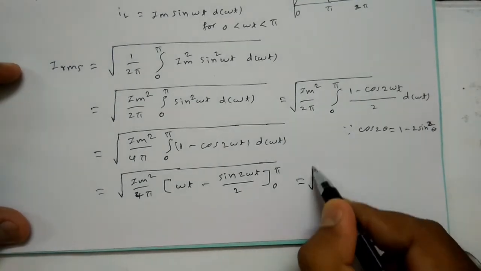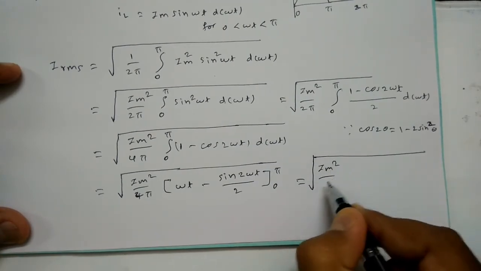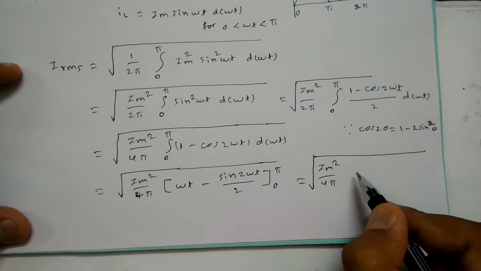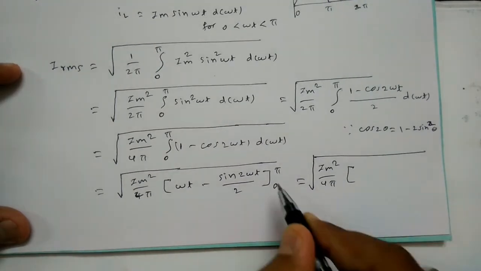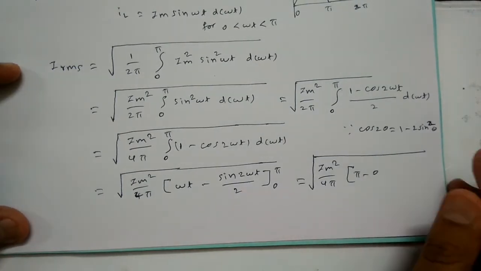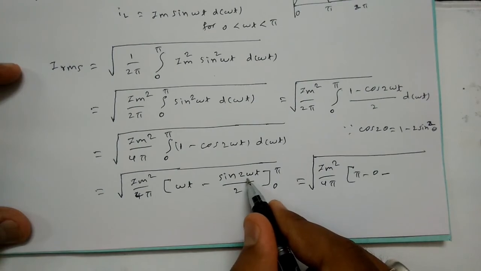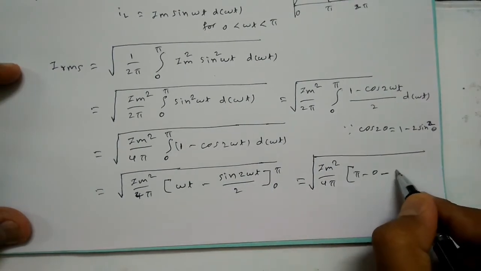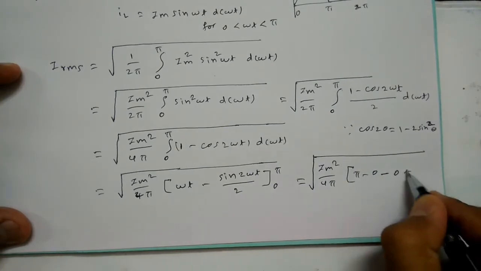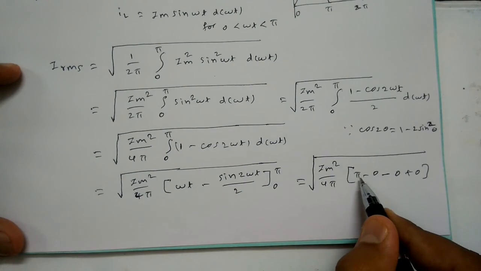So now again, under root Im square by 4 pi, this as it is, and now inside the bracket we have to put the limits: pi minus 0, minus, then sine of 2 pi will be 0, and sine of 0 will again be 0, so it is 0, no problem. So in bracket now we are remaining only pi.